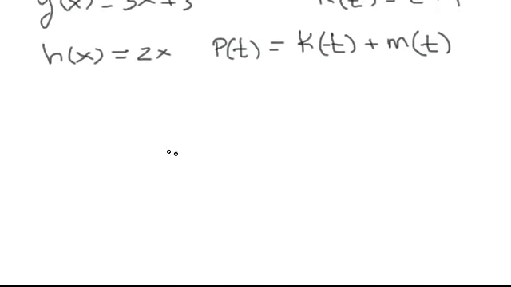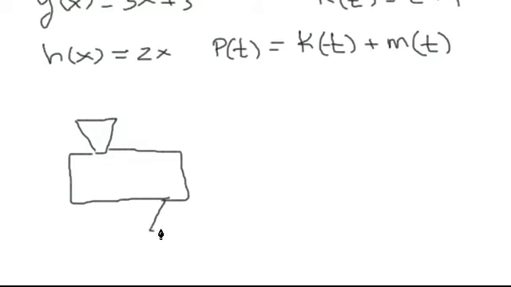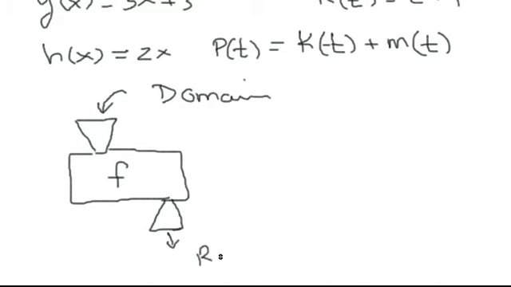Sometimes when we first start learning about functions, we might talk about what's called a function machine. It's good to always put some kind of picture to this abstract idea. We'll call our function f, and all the things that go into the function are our domain, and stuff that comes out of our function is known as the range.